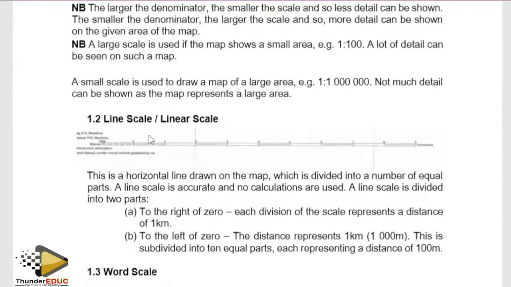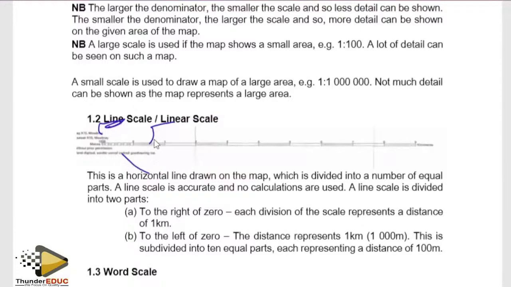The second scale that you're going to look at is what you call the linear scale or line scale. Linear scale comes from the word line. Just like you can see this line here. When you look at this line, it has got two sections.